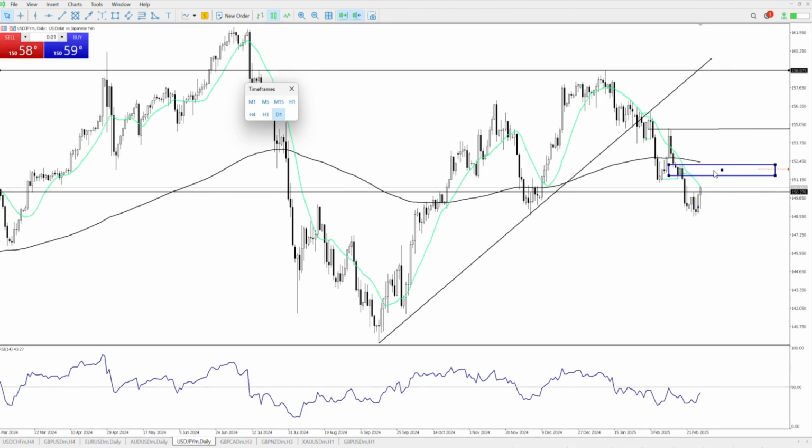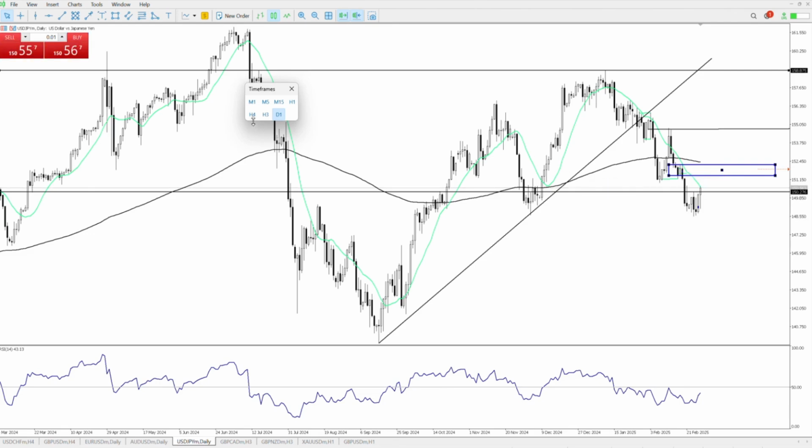If you're entering at this point, the ideal stop loss, take profit should be at 150.276. So EURUSD, USDJPY can be very funny. So price might reject from this point. So in order not to miss out on this particular trade, that's why we have generated an entry at this point.